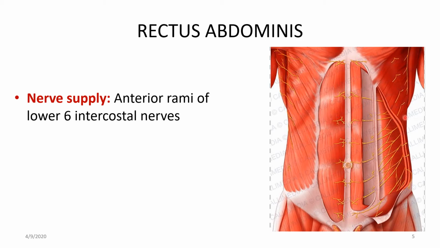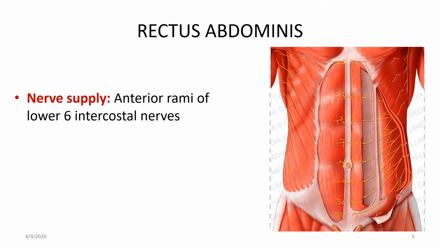The aponeurotic layers of these three flat muscles contribute to the formation of the rectus sheath, which encloses the rectus abdominis and pyramidalis muscles. This is the linea alba you are seeing, and you are seeing the obliquely running nerves.